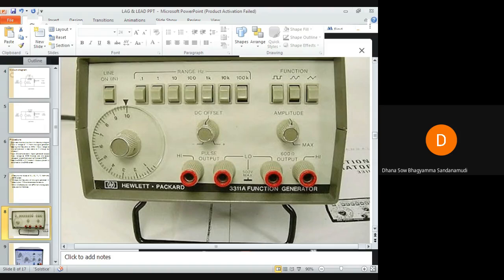Initially we will start with 20 hertz frequency. For 20 hertz, I'll press this 10 hertz knob and vary this disc, making sure this 2 is exactly below this indicator.